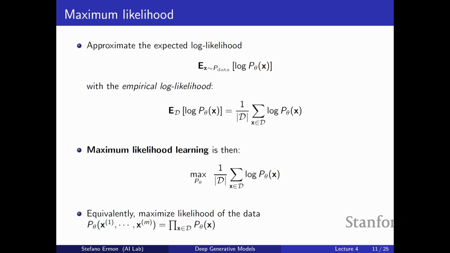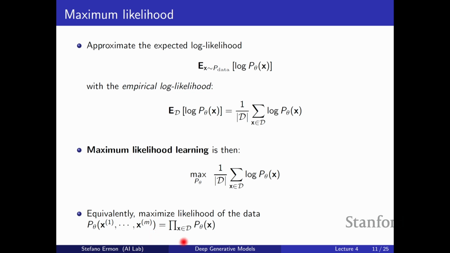And note, because the data points are independent, maximizing this expression is exactly the same thing as maximizing the probability of observing the data set that you have access to. So it's a reasonable learning objective. You have a bunch of data, and you're trying to find the parameters that maximize the probability of sampling a data set like the one you have access to.